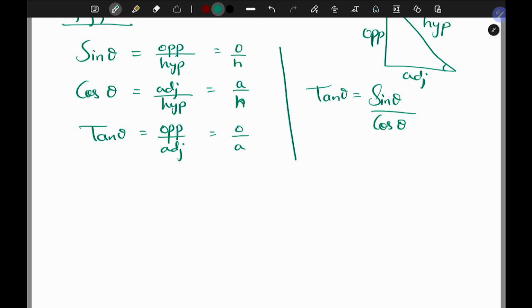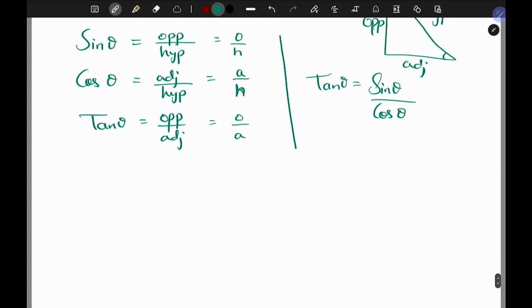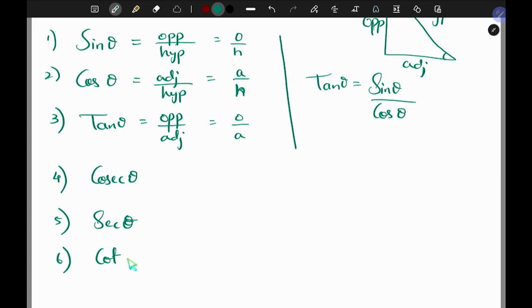Simple. Alright. Now, I said there are a total of 6 trigonometric functions and I have named only 3. So what are the other 3? The other 3 are cosecant, which is called cosec, and secant, which is called sec, and cotangent, which is called cot.